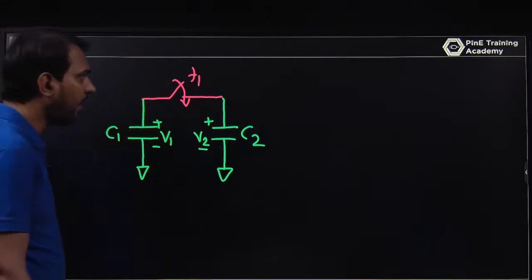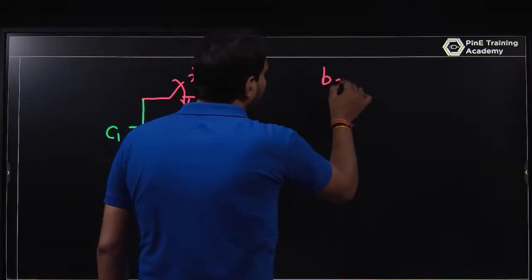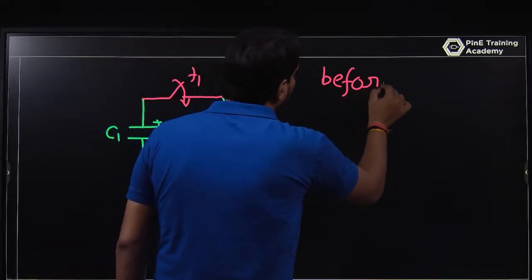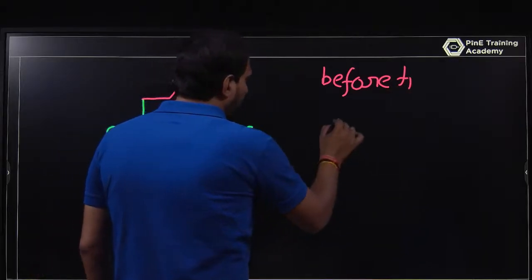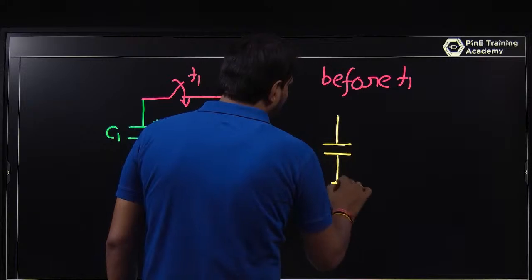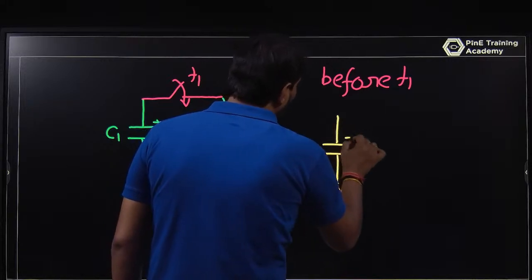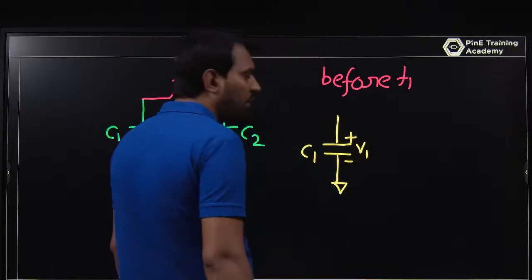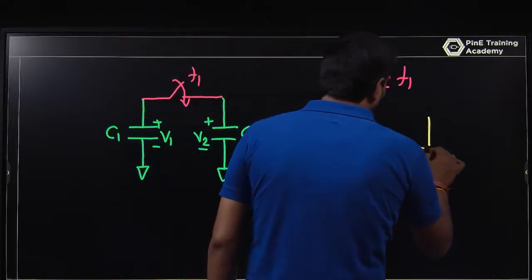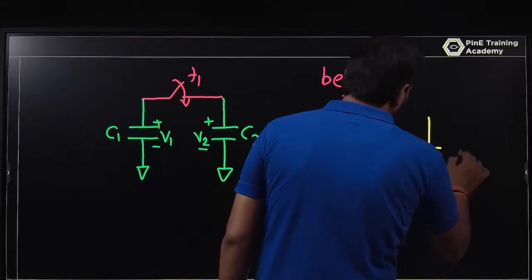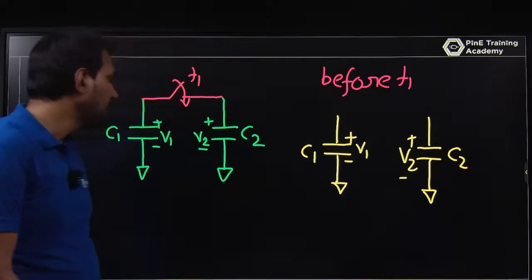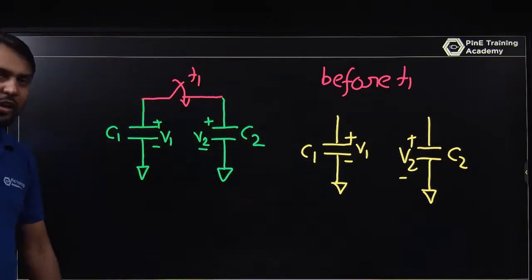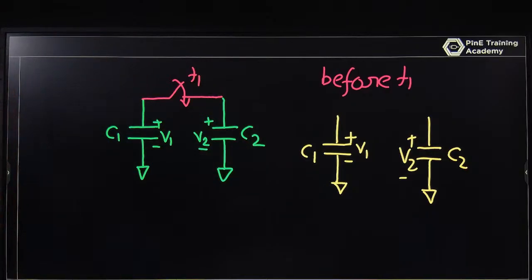Before T1, this is a closed circuit with two capacitors, floating with initial voltages V1 and V2, with capacitor values C1 and C2. This is the initial phase before the switch is closed.